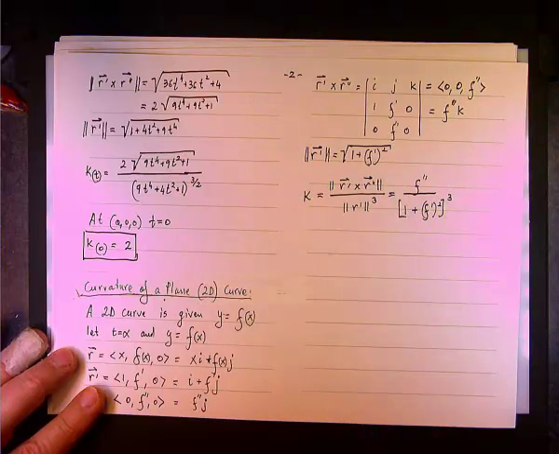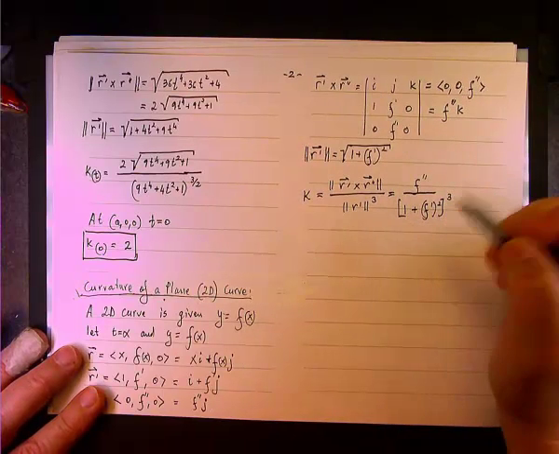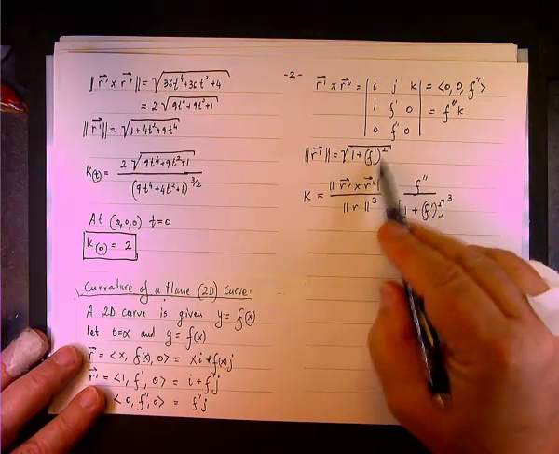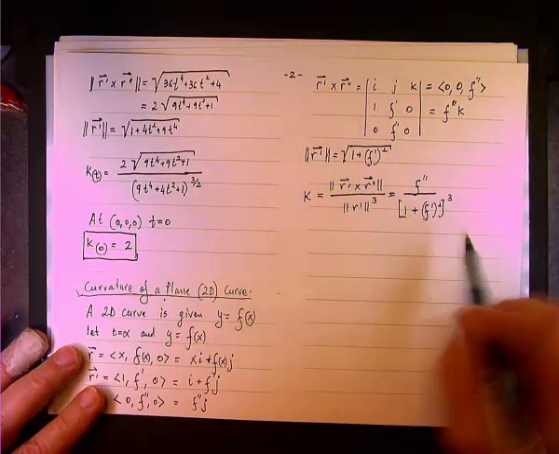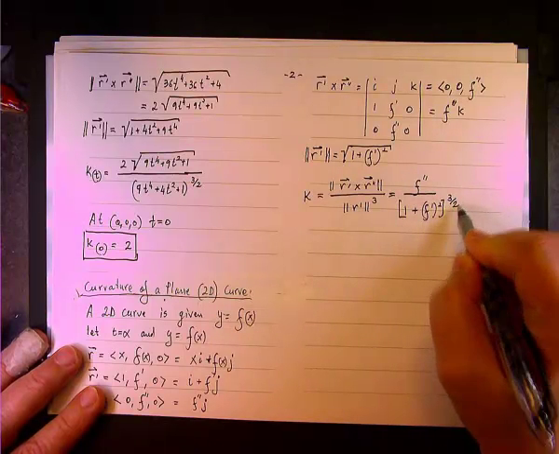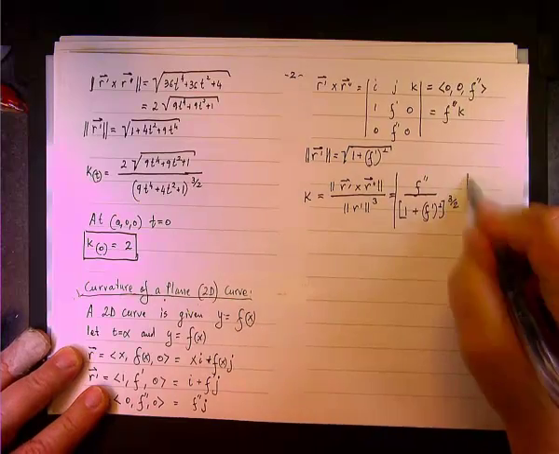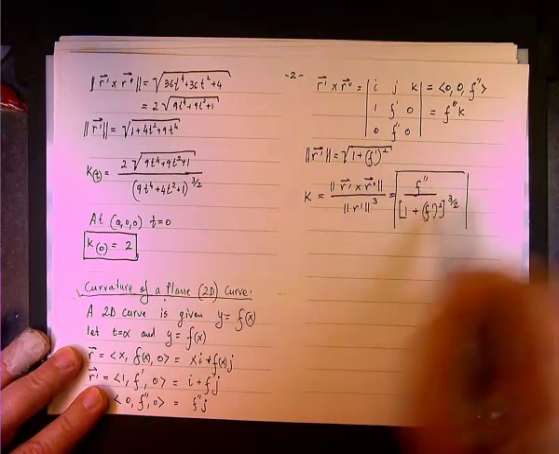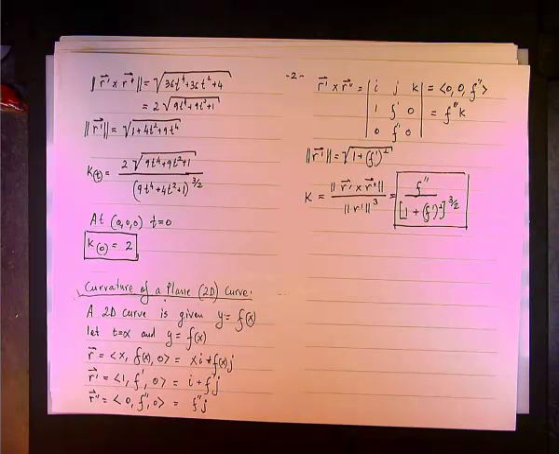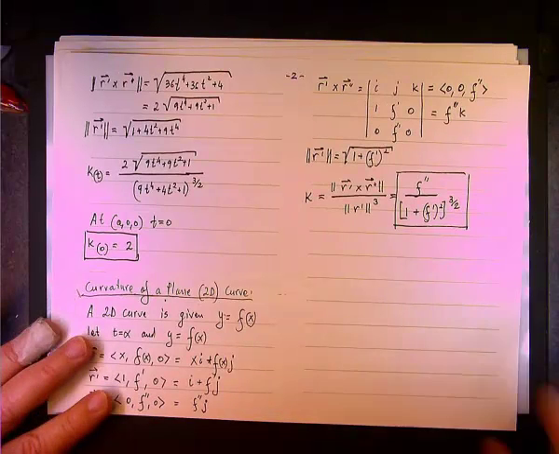And here you have 1 plus f prime squared, cubed. Since this is the square root, it is to the 3/2, like so. And this is a shortcut.